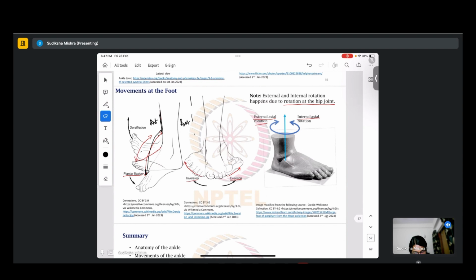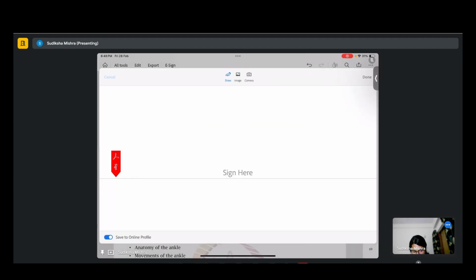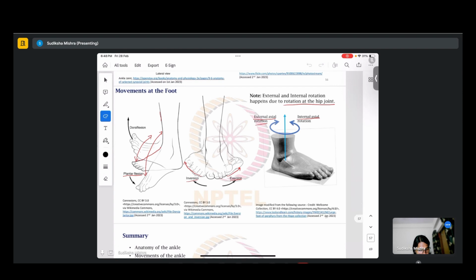Next is inversion. If this is the midline, inversion takes the foot towards the midline, whereas eversion takes the foot away from the midline, similar to adduction and abduction.